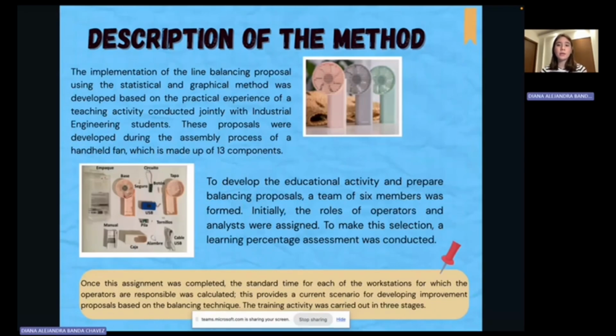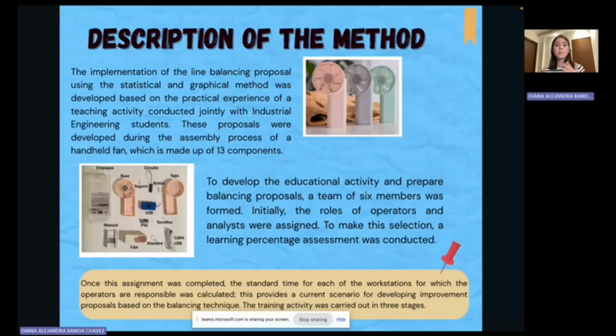Now, if we talk about the description of this method, it's based on the scientific article that we investigated. First, we'd like to mention that the implementation of the line balancing proposal using the statistical and graphical method was developed based on the practical experience of the teaching activity conducted jointly with industrial engineering students. This proposal was developed during the assembly process of a handheld fan, which is made of 13 components.